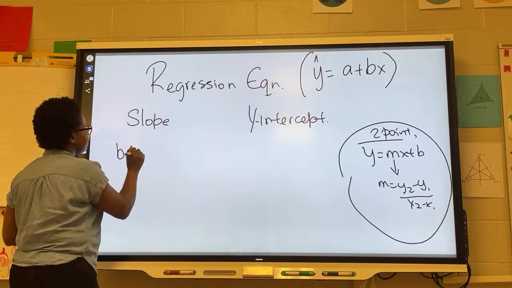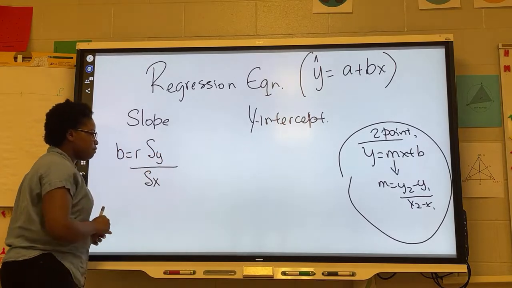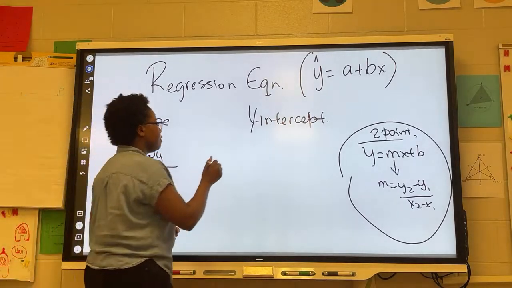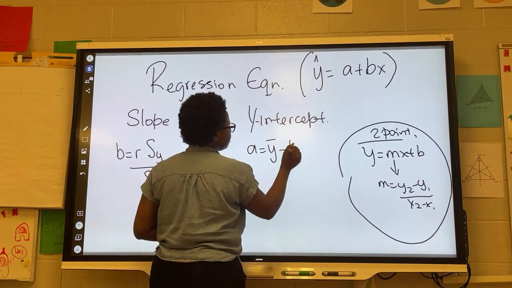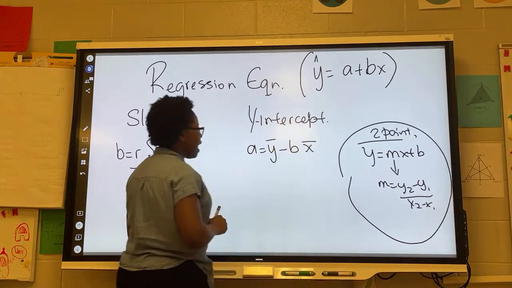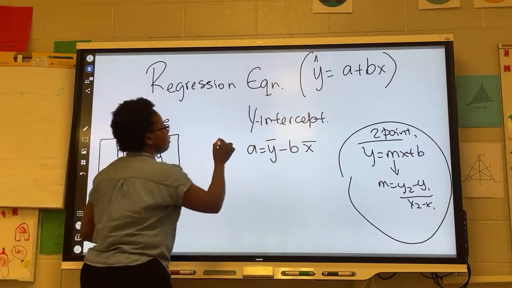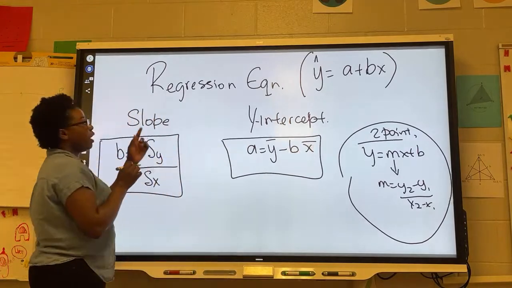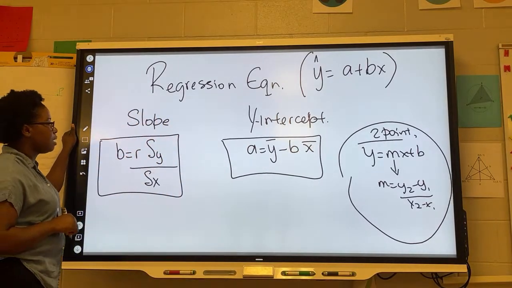We have the standard deviation of y, standard deviation of x, the mean of y, the slope, and the mean of x. So these are the two formulas that we have to use when finding the regression equation in the form y equal a plus bx.